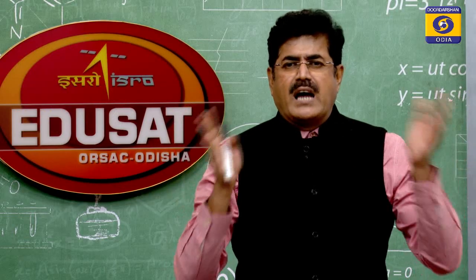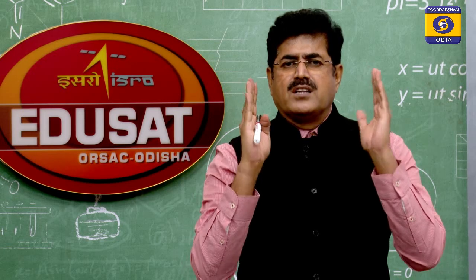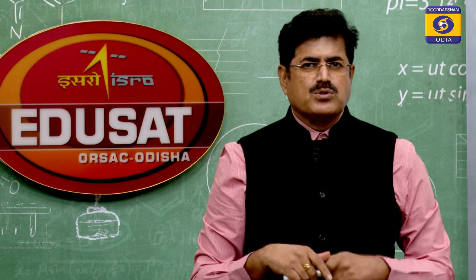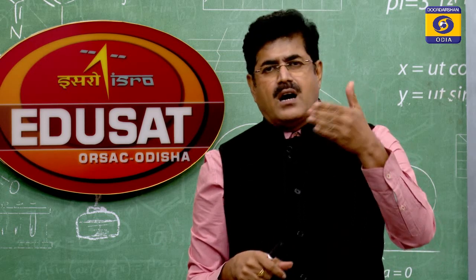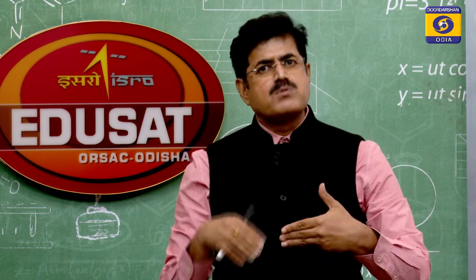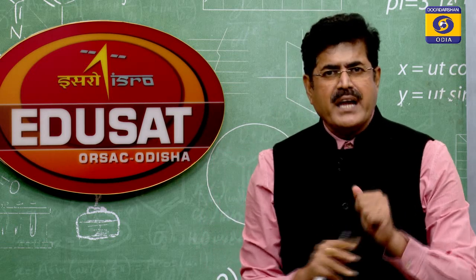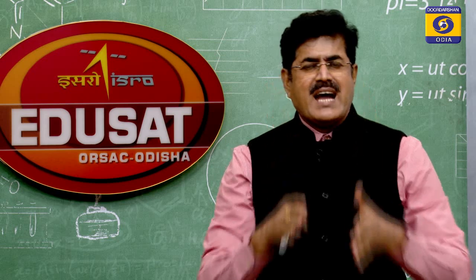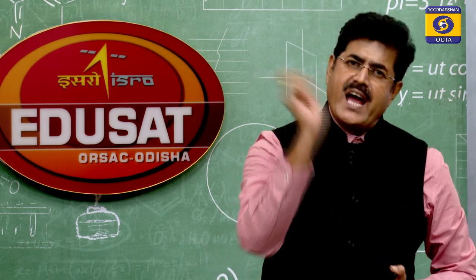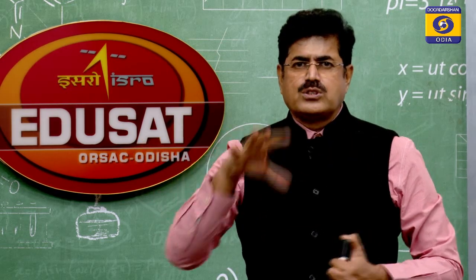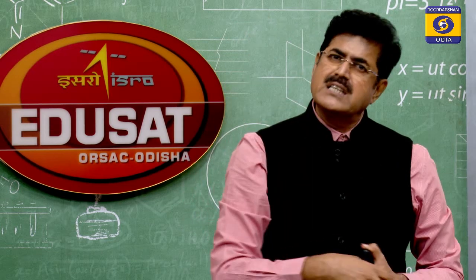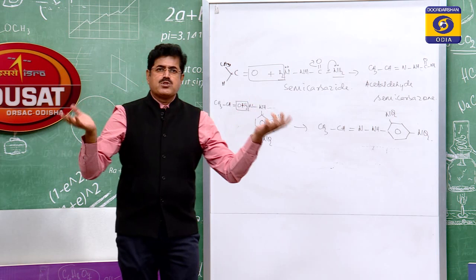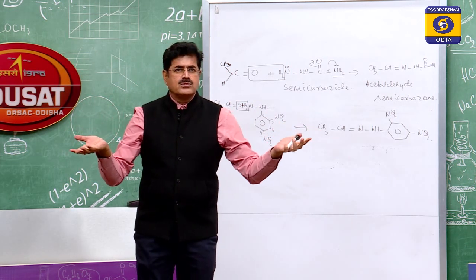These are the addition reactions under the name addition elimination reactions of aldehydes and ketones. Here we are using ammonia and its derivatives. With ammonia it gives amine, with hydroxylamine oximes, with hydrazine hydrazones, phenylhydrazones, then semicarbazones, and with 2,4-dinitrophenylhydrazine it gives 2,4-dinitrophenylhydrazone.